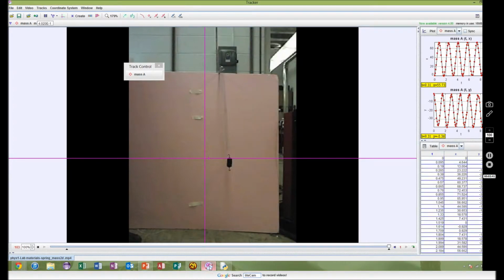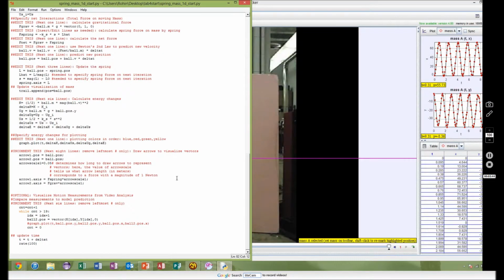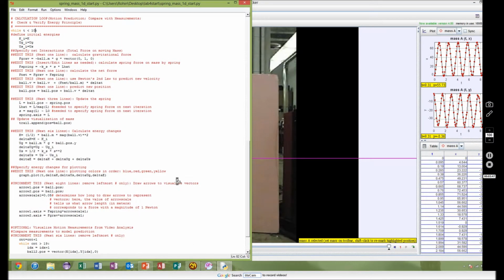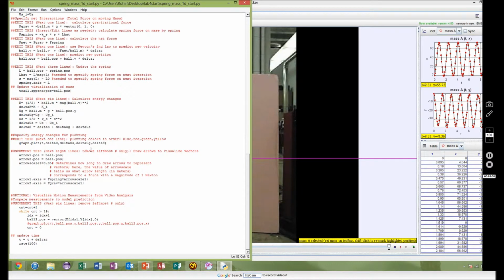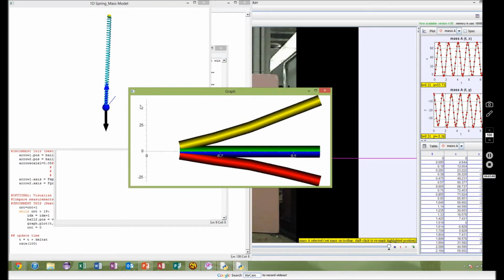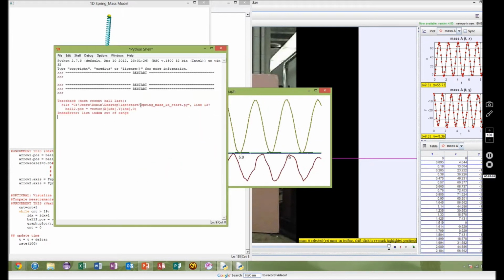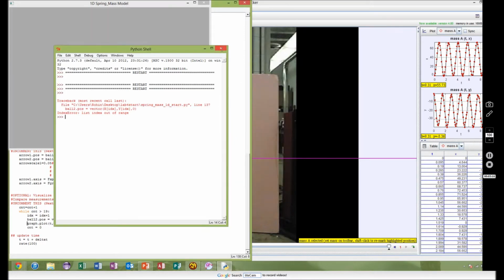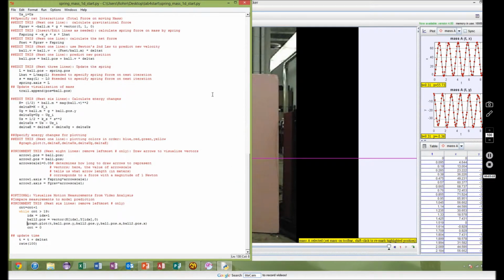So when we run the data in our program, which is programmed to have all the equations and everything put in, this is a bit slow, but we can see that the oscillations are there, and once we finish, we can see that there were some oscillations.